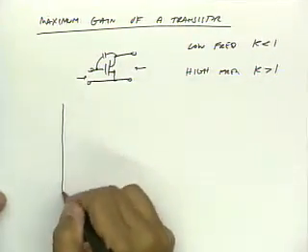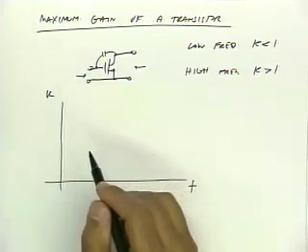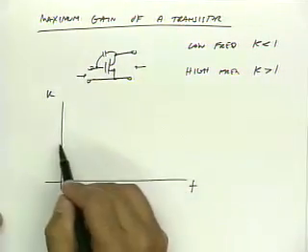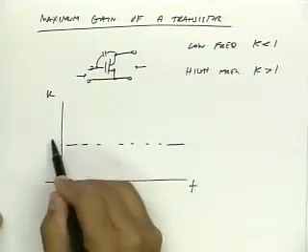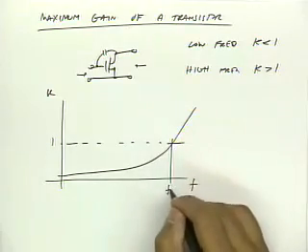So if I were to plot the K factor versus frequency, it might look like, let's say this is 1, it might do something like that. Let's call this the knee frequency.